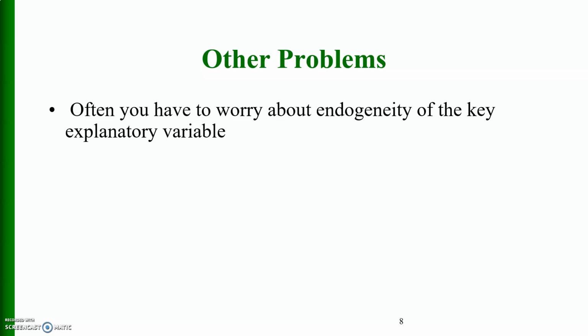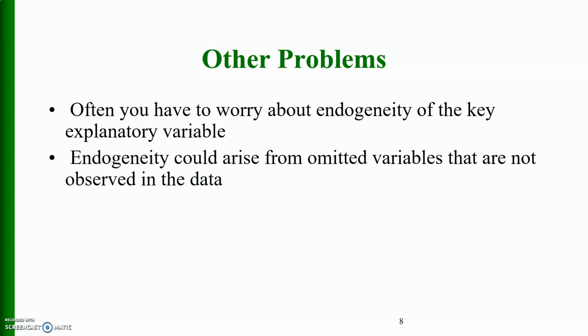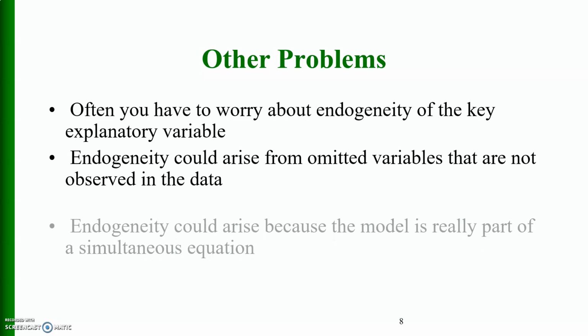Most often we have to worry about endogeneity of the key explanatory variables, and if we have endogeneity bias in the data, then we must use some other treatments. Endogeneity could arise from omitted variables that are not observed in the data, and that can create a problem for our estimation and interpretation.